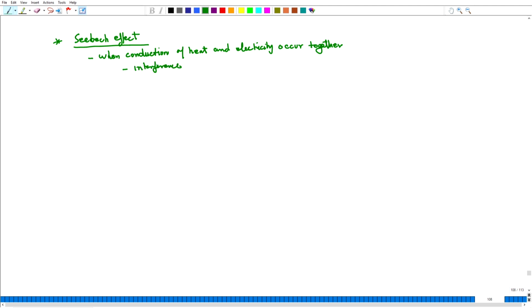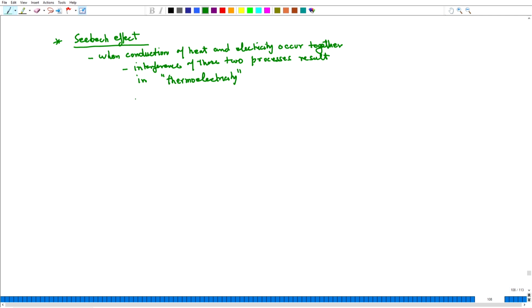Interference of these two processes, that is conduction of heat and conduction of electricity, results in what is called thermoelectricity.